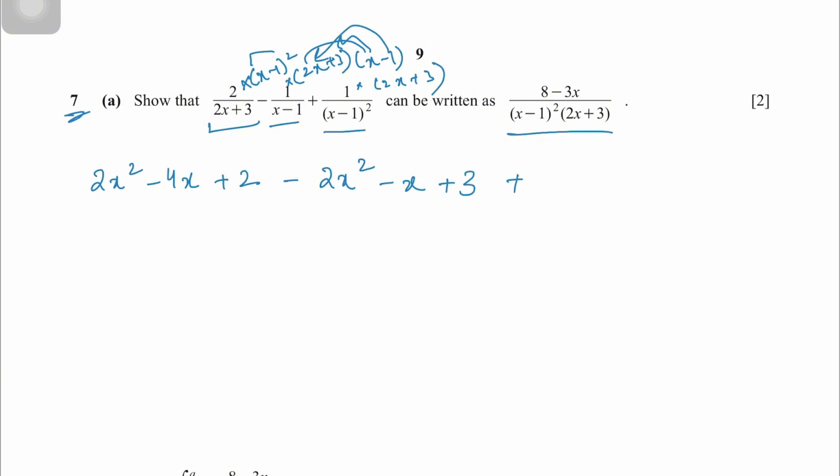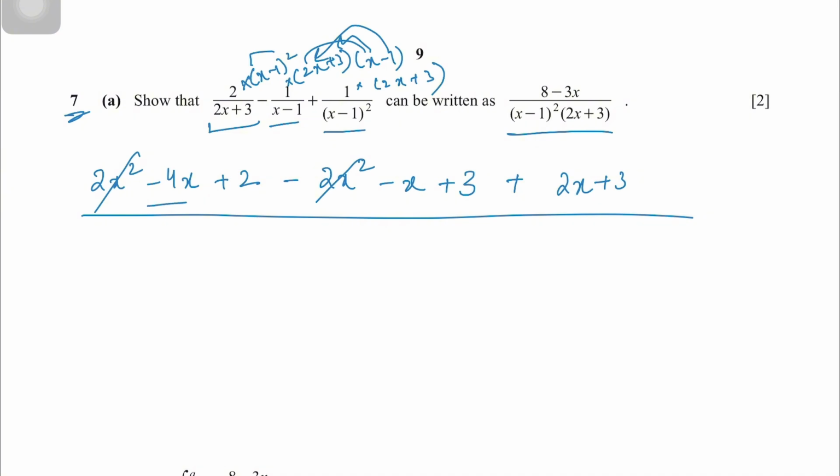Now we have this. So this would be 2x plus 3. Now we can cancel some things, or let's just go about this. Let's check it. So this would be cancelled out, and we have our answer as simply negative 5x and then positive 2x.